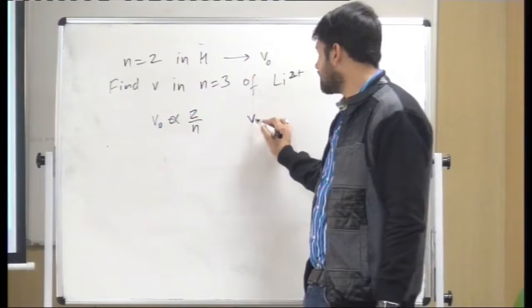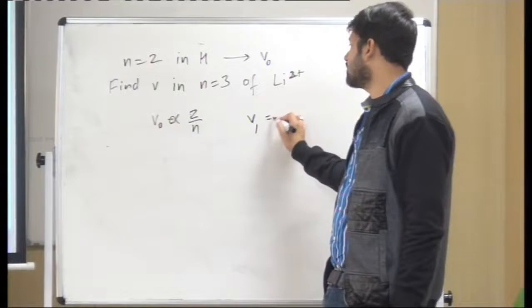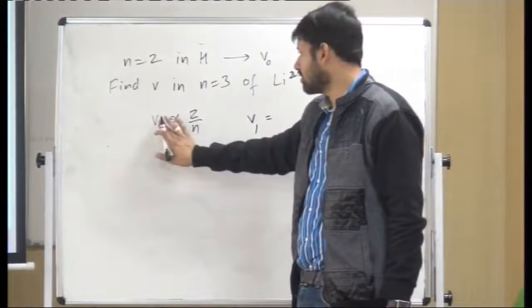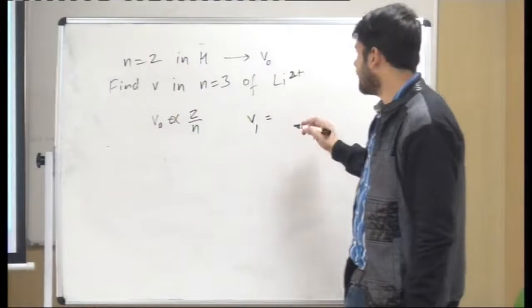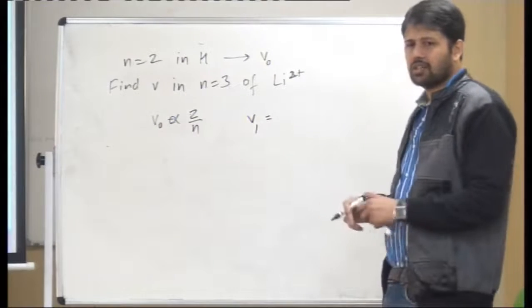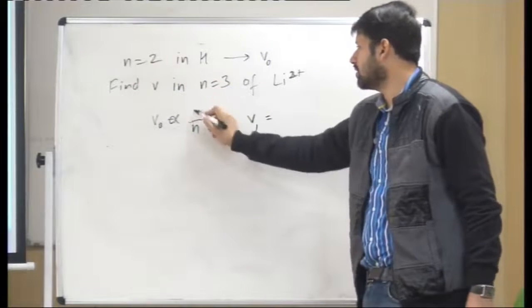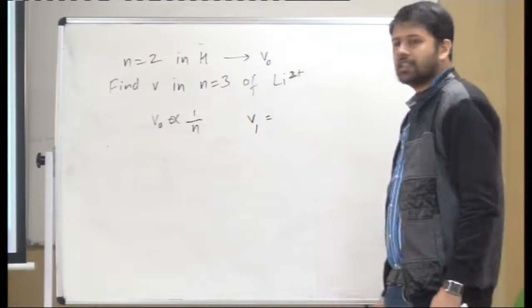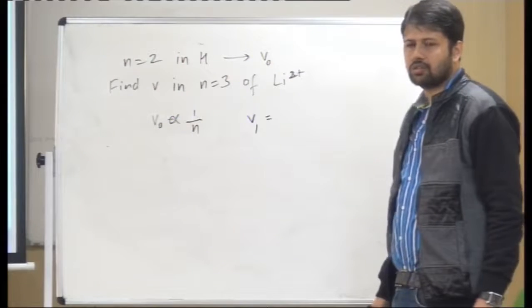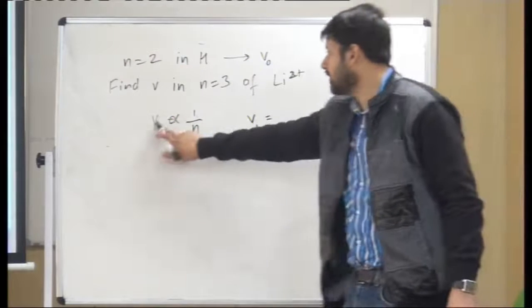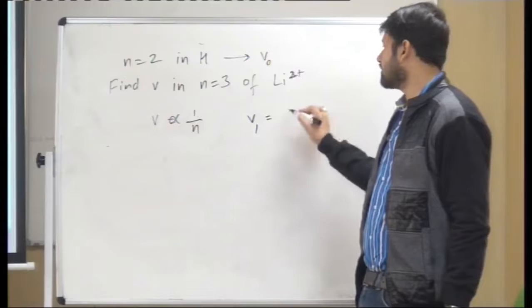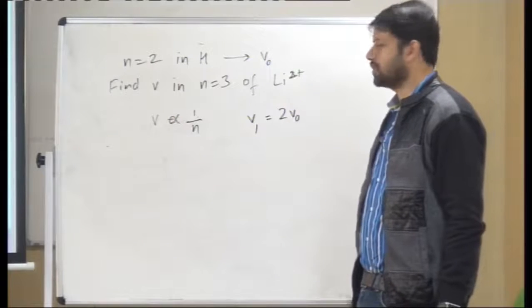So in the ground state, the velocity would be double. Z is 1 for hydrogen, so velocity is inversely proportional to n. In the ground state, the velocity would be 2v naught.